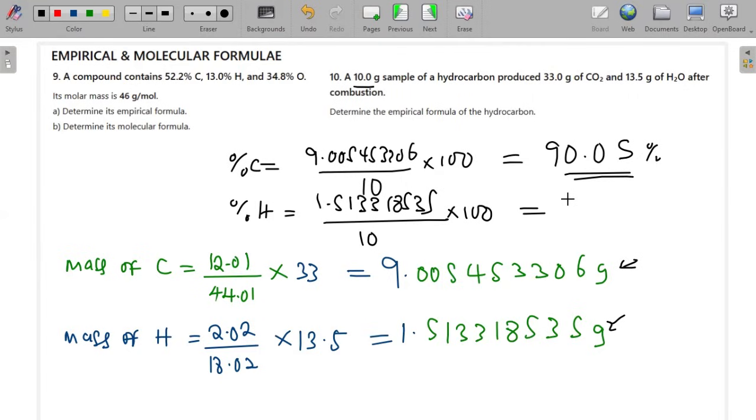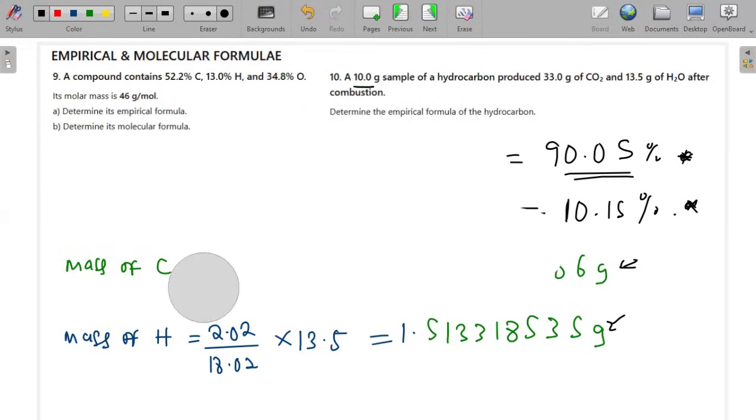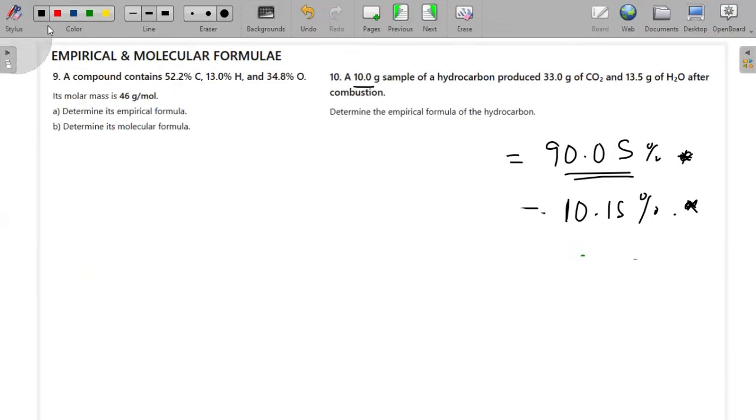Okay, so I'm finding 10.15%. Okay, so those are the percentages that I'm finding. So from here now, I can find my empirical formula. So I'm going to use this percent and this percent here. Okay, so let's do that now. So I'm going to say element here.